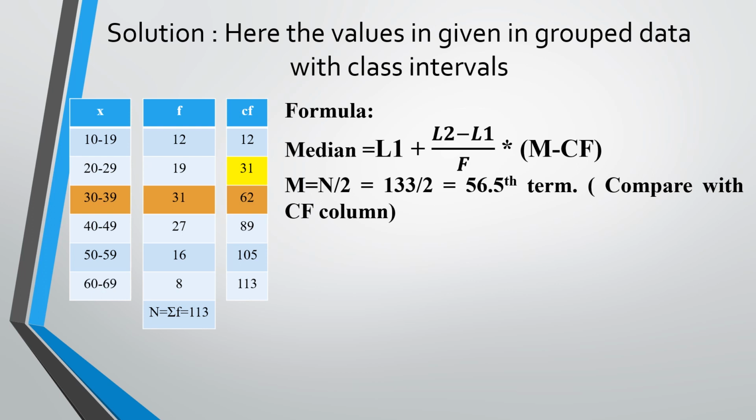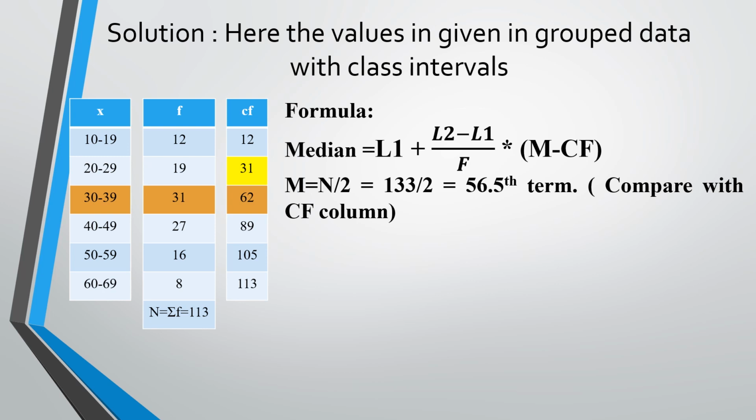the cumulative frequency. So we can see that the cumulative frequencies are 12, 31, 62, 89. So this 56.5 will be appearing after 31 and before 62. For that purpose we consider this 62 as the cumulative frequency value.